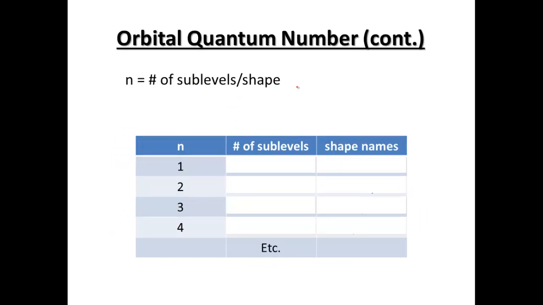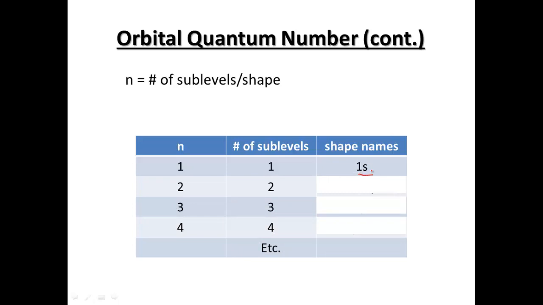Our next quantum number, or as we continue our quantum number, l equals the sublevel or shape. In our first energy level, we only have the 1s, the only shape is named 1s.